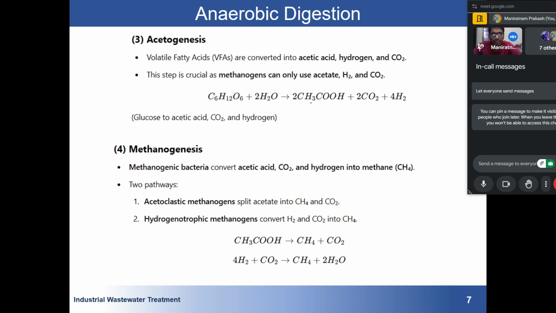Once acetate is produced, the final step is methanogenesis. Methanogenic bacteria convert acetic acid, CO2 and hydrogen into methane. You can see the reaction here, we are converting into methane, and the CO2 also combines with the hydrogen produced here to produce more methane. So finally, organic matter which was of no use has been converted, with the help of anaerobic digestion, into methane, and this methane is known as biofuel because it can be burned to produce energy.